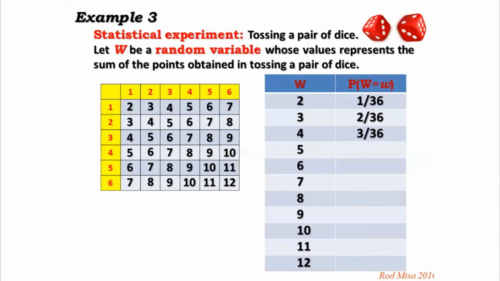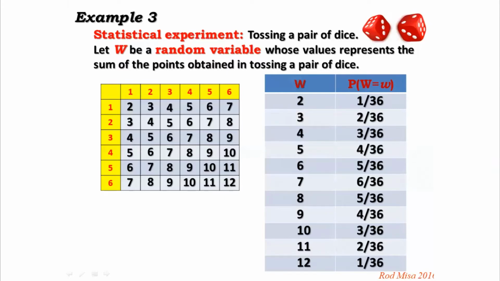And the sum of 5 is 4 over 36. And the sum of 6 is 5 over 36. And so on and so forth from this grid at the left. So therefore, this is our representation of a probability distribution for this experiment of choosing a pair of dice.